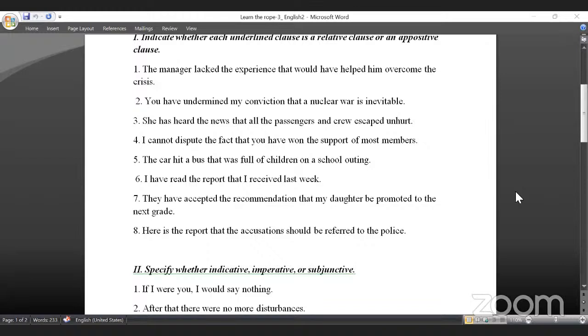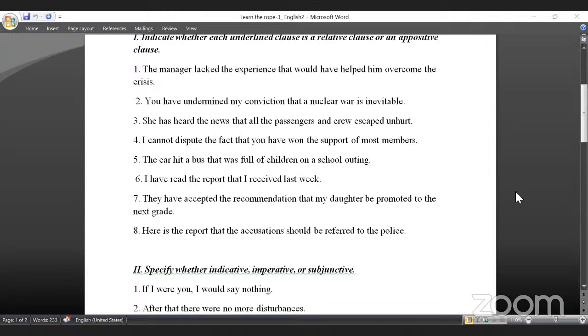Fourth one: I cannot dispute the fact that these are very common kinds of sentences in English. I cannot dispute expressions like the fact that, the belief that, the news that, all of them. I cannot dispute the fact that you have won the support of most members.